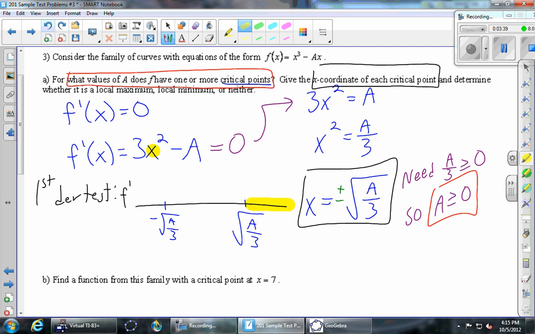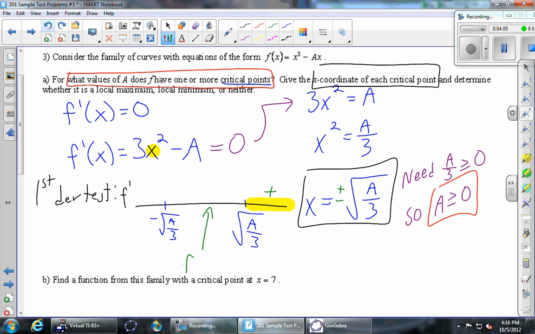And the question is, is it going to be positive or negative? So if I pick something super huge, then 3x squared is going to be really big, and then subtract a. Now, a could be enormous as well, but it sure feels like we can pick something even bigger, right? A is some given number. I don't know what it is, but we can outlast it and pick an x that's big enough. So I feel pretty confident that any number you pick out here is going to give you a positive value of f prime.